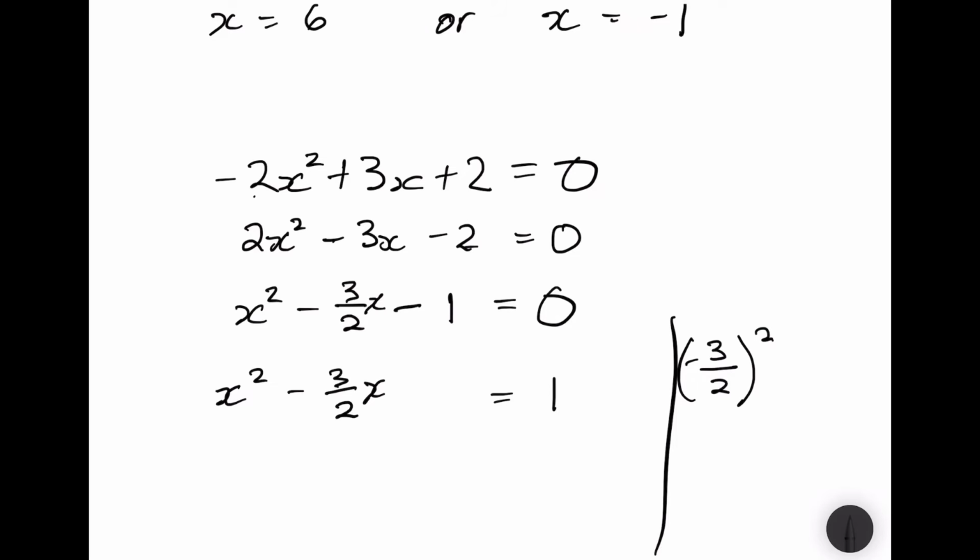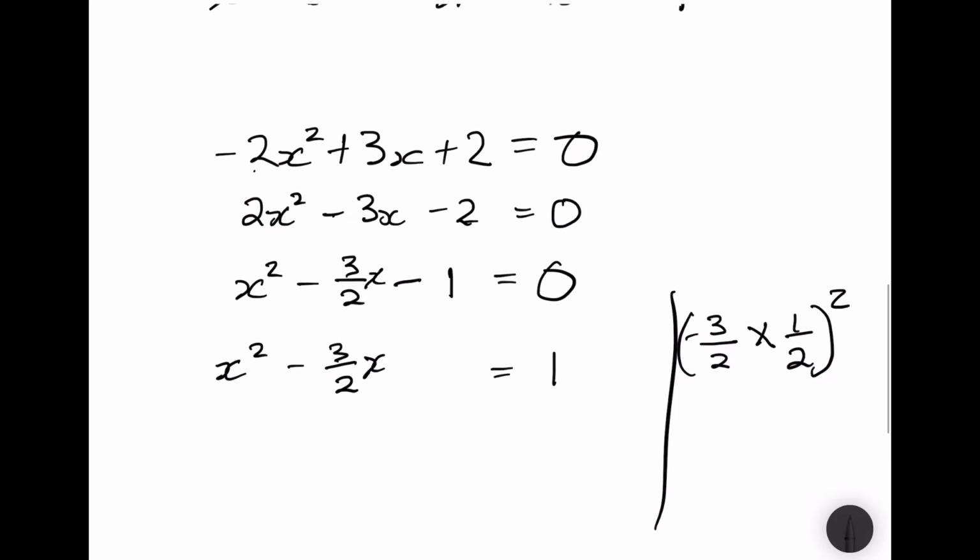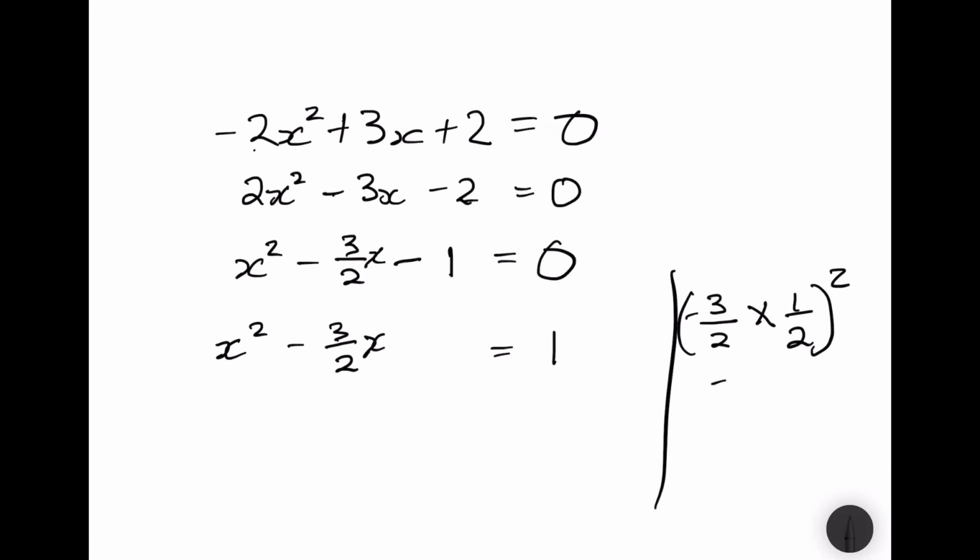So, -3 over 2 times a half. You said we multiply by half and you square that. Okay, right. So that becomes -3 over 4 squared. And remember, we said you can actually get the answer to this.